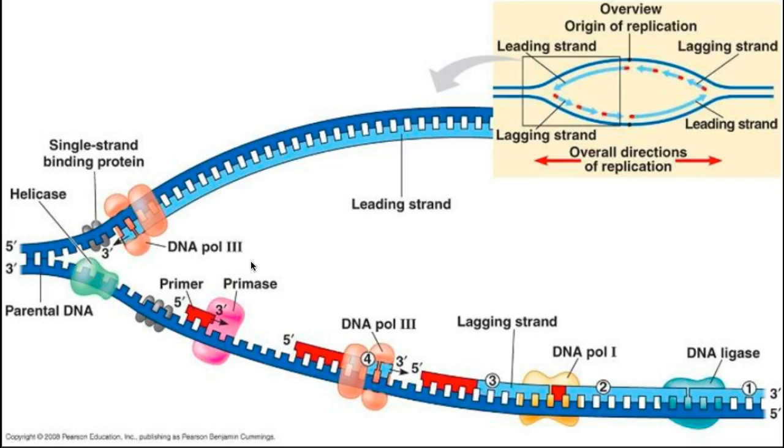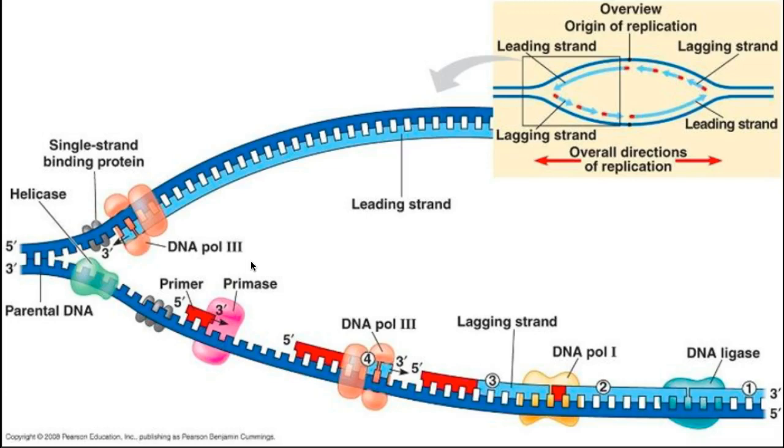Once it reaches the primer of another fragment, then it's going to hop off the lagging strand and it's going to find another primer that does not have nucleotides added. And it will continue to do that all along the lagging strand. DNA polymerase I is going to come in and it's going to remove those RNA primers and it's going to replace them with DNA nucleotides.